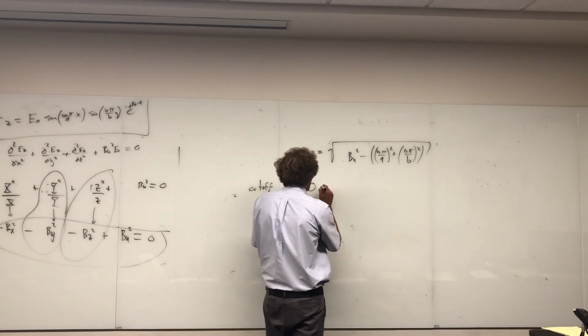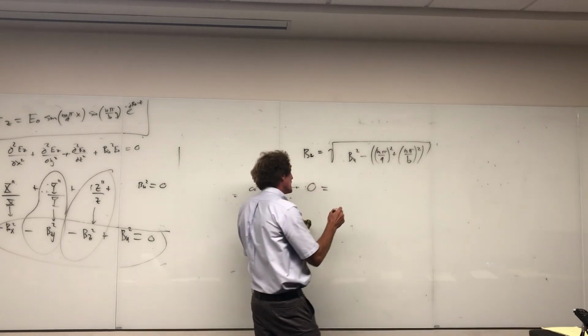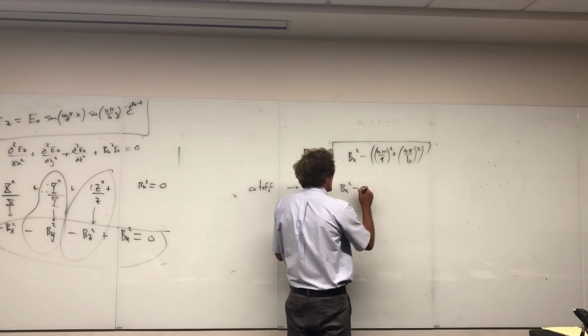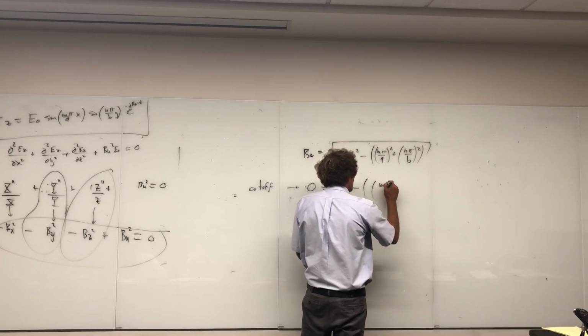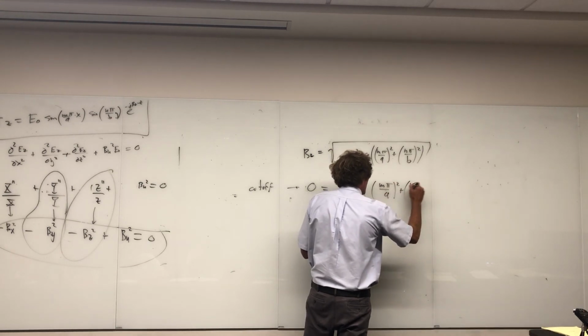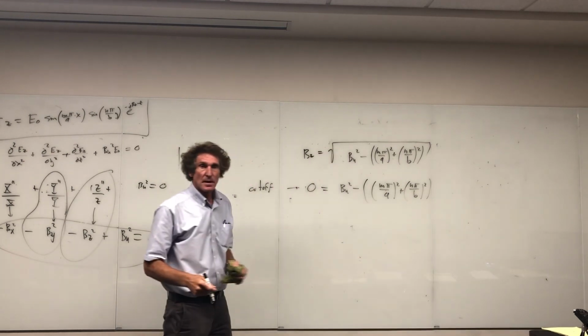Well, that would be equal to, go ahead and square that if you want. What do I get? That's equal to beta unguided squared minus quantity m pi over a squared plus n pi over b squared. Agreed? Just let me finish this.